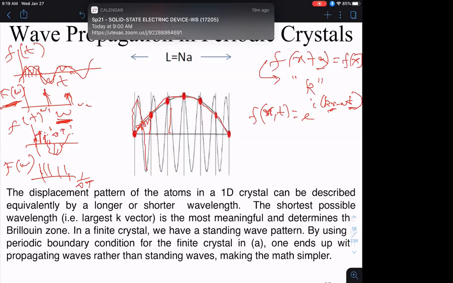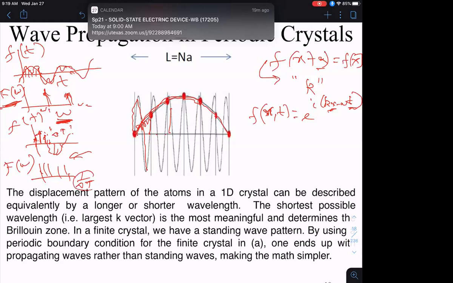Now, I don't really have any atoms at these locations over here, right? So this shorter wavelength description and this longer wavelength description are identical because I have a medium that is discrete. And that goes back to this discrete sampled signal, the analog that you talked about in the case of digital signal processing, okay?